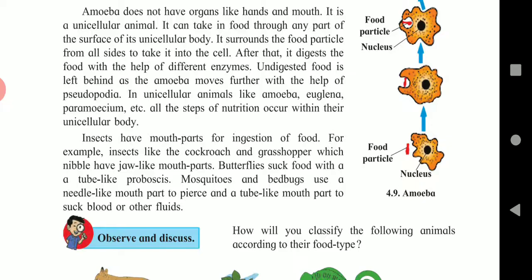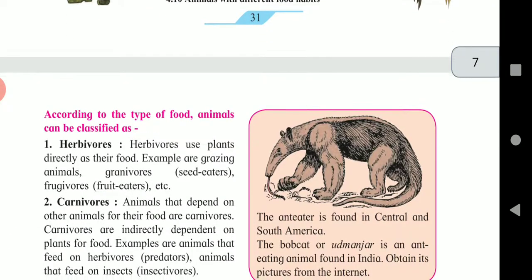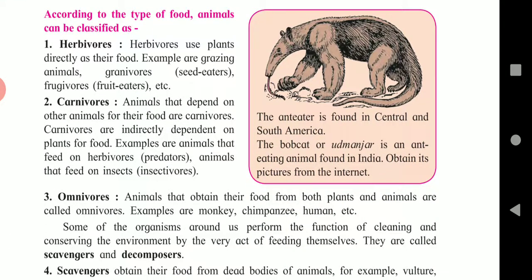Now let us see the classification of animals according to the type of food. First one, herbivorous animals. Herbivorous animals use plants directly as their food.